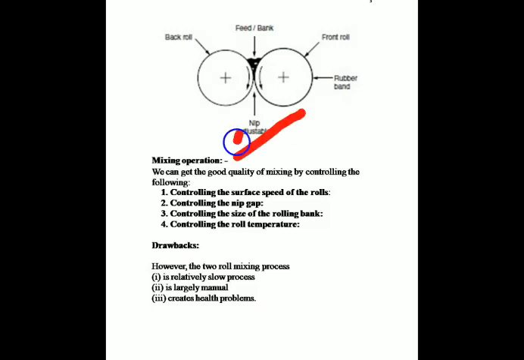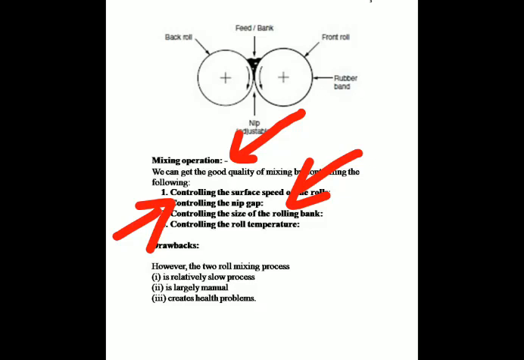So we have seen the various mixing operations, and we can get good quality of mixing by controlling the surface speed of the roll and by controlling the nip gap. If the nip gap is small, then the shear applied in the nip gap is high, so that dispersive mixing can be obtained.